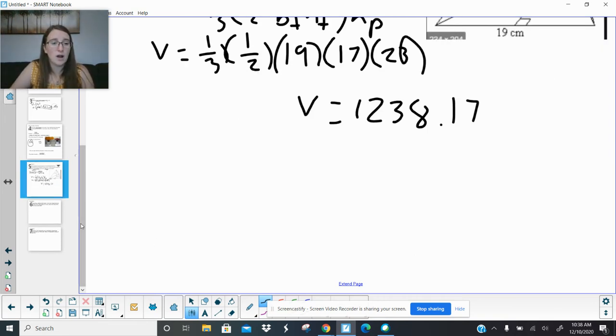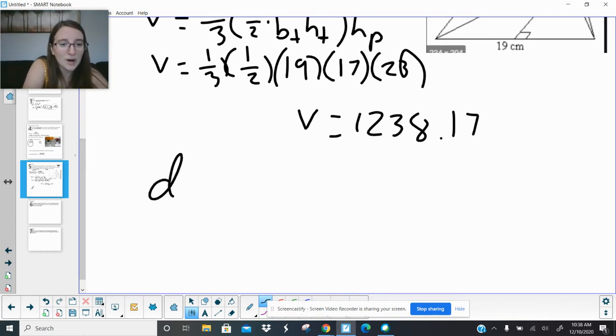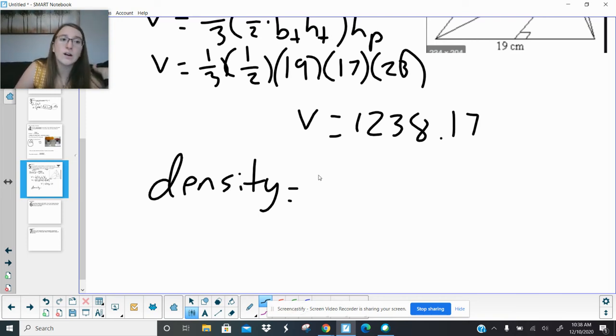So this is where these problems get a bit tricky. We have to keep our eyes on the prize. Our prize is density. We didn't want to know the volume. I can already predict that a lot of you guys are going to get these questions wrong because you're going to stop there and think you're done. You're like, haha, I used a formula. No, yes, we did use a formula, but not what we wanted.